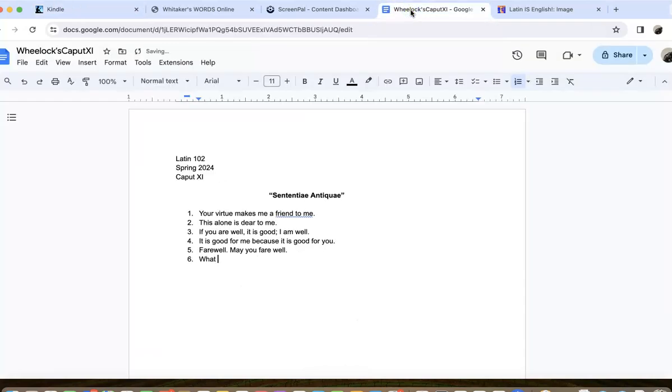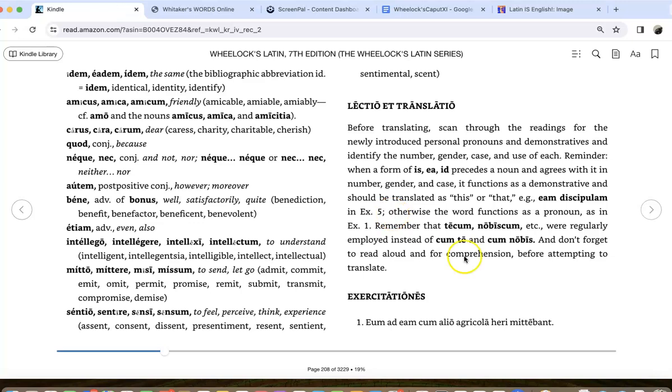What are these? It doesn't say it, but we would probably expect it in English, so I'm going to use a bracket. What are these men thinking now, nunc, about this? So what are these men thinking now about this?